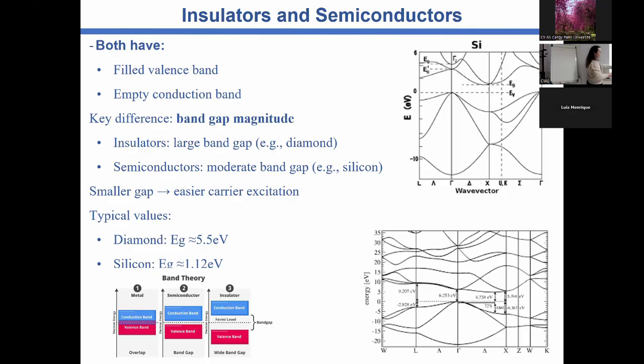We commonly transfer this figure to this one, which is more beautiful to understand, but what it is saying is that if we have a valence band and a conduction band almost at the same energy, or overlapped, then this is a material with metal properties.